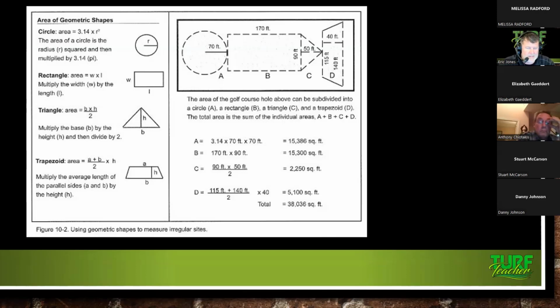Triangle is your base times your height divided by 2. Your trapezoid is (A plus B) divided by 2 times your height. You measure these things out, do the calculations, and look, we've got almost an acre, 5,000 square feet short of an acre taken up by this golf course. So divide your properties into these geometric shapes if you have to, and get the correct size of our lawns.